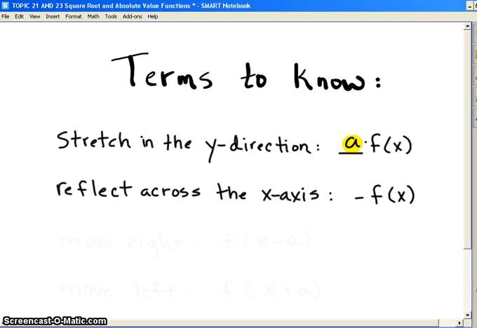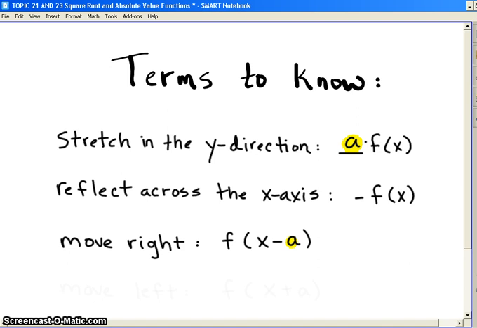When it says reflect across the x-axis, that means you multiply your entire function by negative 1, or any negative number. When it says move to the right, that means that you're going to subtract a number from x.